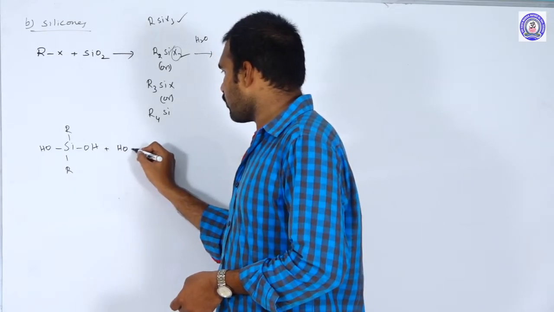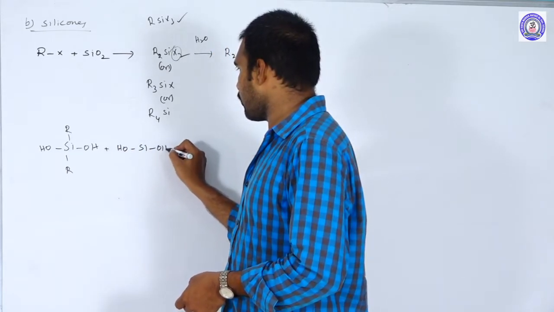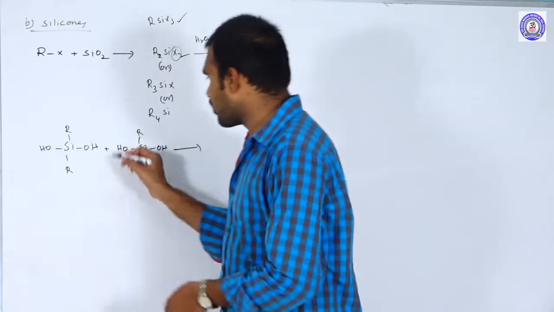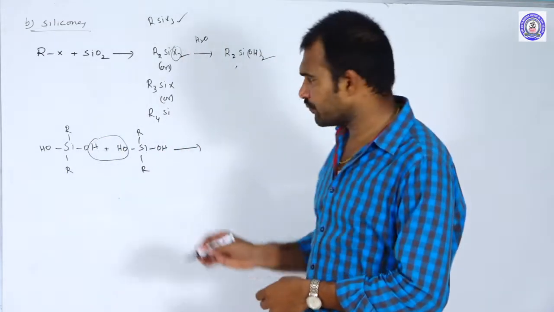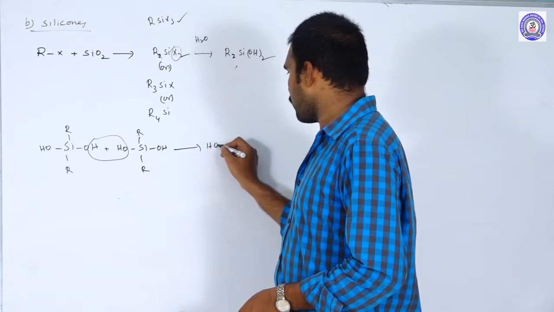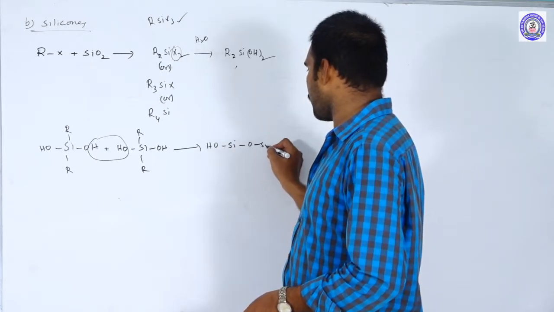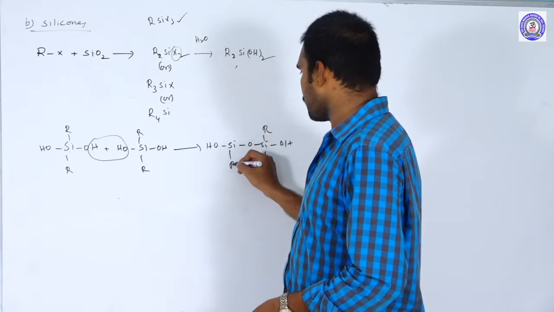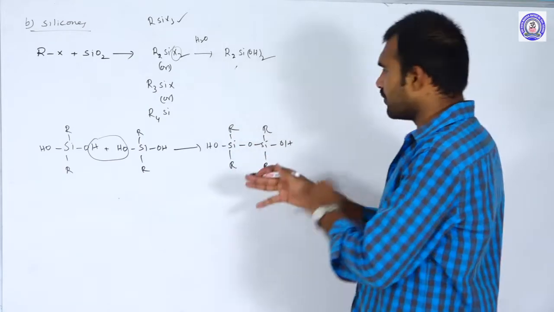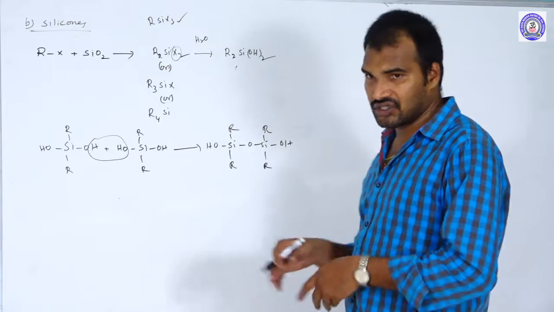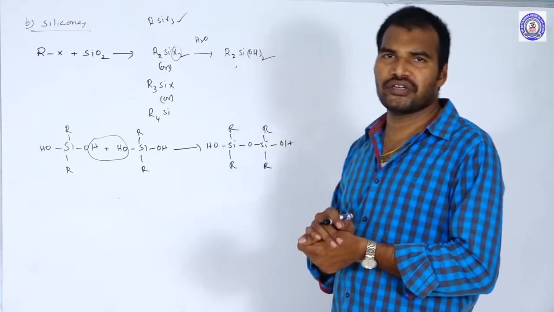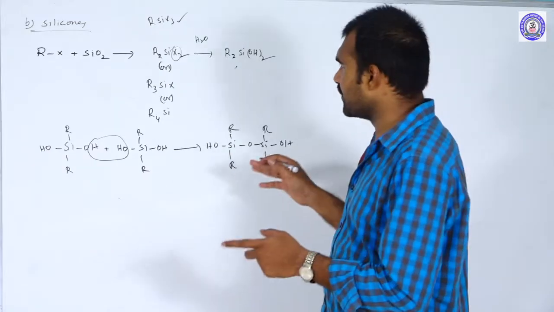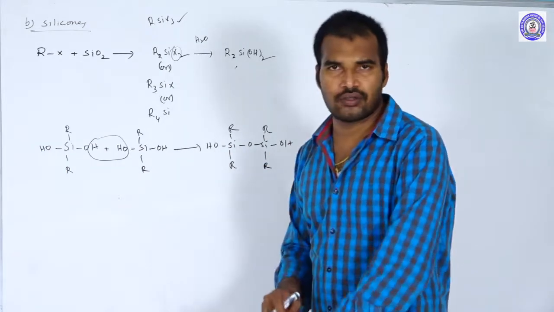Similarly, you take one more HO-Si-OH with R. Now they undergo dehydration, and we get HO-Si-O-Si-OH with R groups. Like this, dimerization occurs. Many silicon units are polymerized like this and we get a polymer. This is what we call polymerization of silicones.